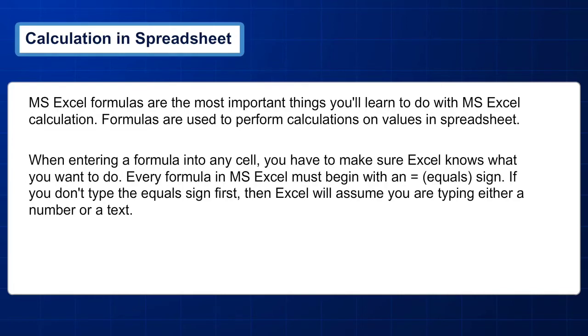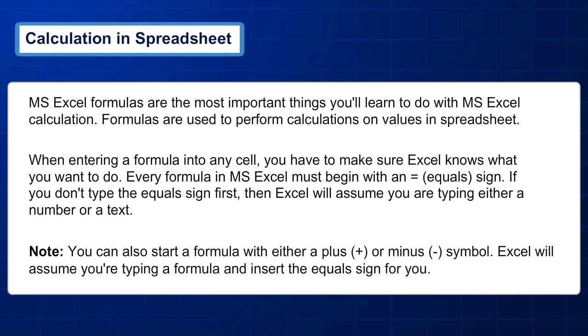Every formula in MS Excel must begin with an equal sign. If you don't type the equal sign first, then Excel will assume you are typing either a number or a text. Note, you can also start a formula with either a plus or minus symbol. Excel will assume you are typing a formula and insert the equal sign for you.